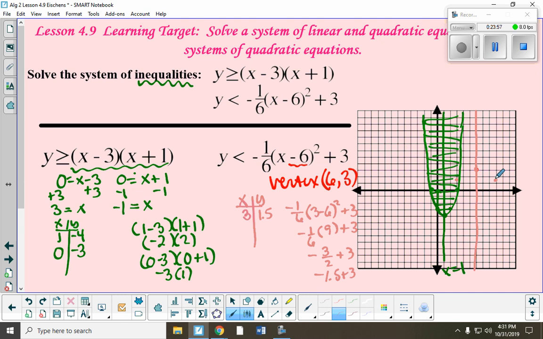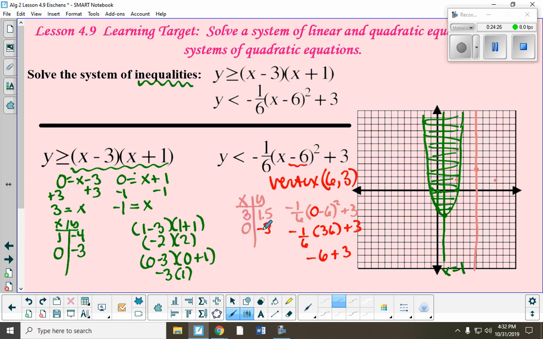And then let's plug 0 in. So I'll erase so I have a little bit more room here. So instead of x, I'm going to substitute in a 0. So this would be -1/6 times (-6) quantity squared, which is 36, plus 3. So that would be 36 divided by 6, which is -6, plus 3, and you get -3.